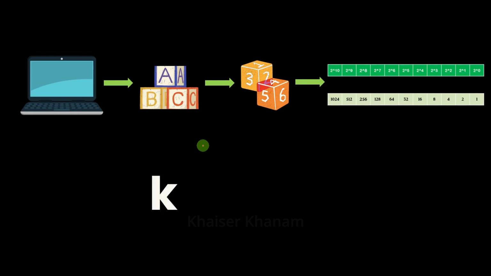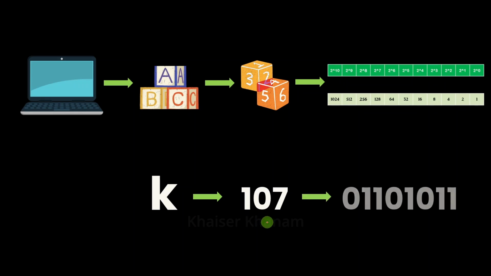For example, for the character K, we have the number 107, and these numbers are already predefined. This character is given this number. Now we have 107, and this number is converted into its binary representation, and this will be the final binary representation of K, which will be stored in my computer.